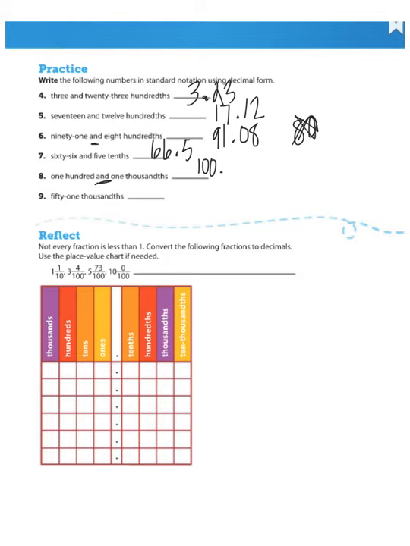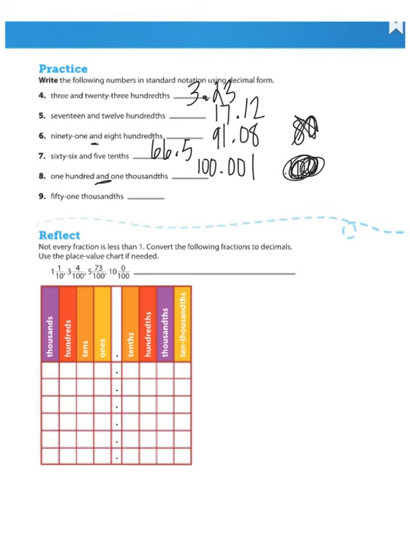And the only number they give me is 1 thousandth. So I'm going to have 0, 0, 1 for 101 thousandths. If I would have done this, that would have read 100 and 100 thousandths, and that's not what it said.